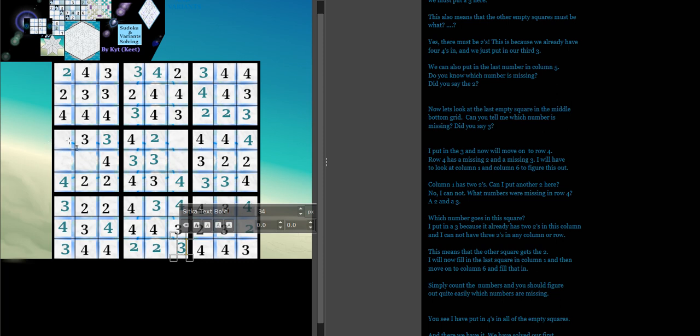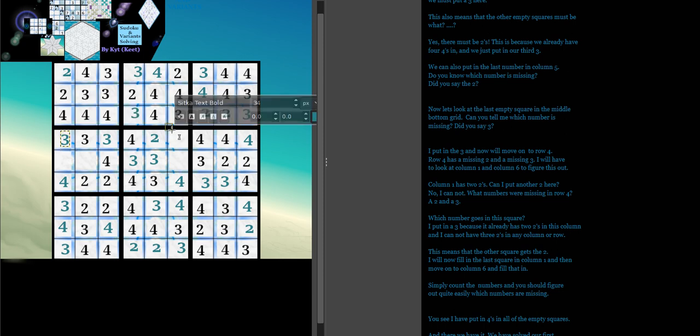A 2 and a 3. Which number goes in the square? I put in a 3 because it already has 2 2's in its column, and it cannot have 3 2's in a column or a row. This means that the other square gets the 2.